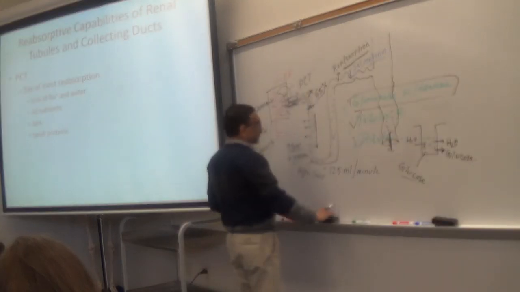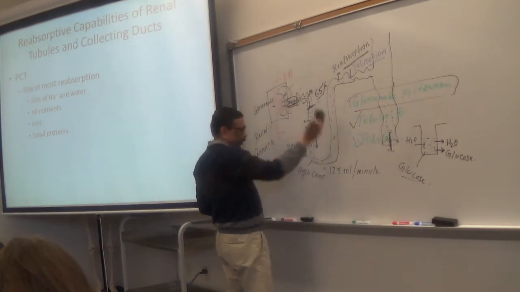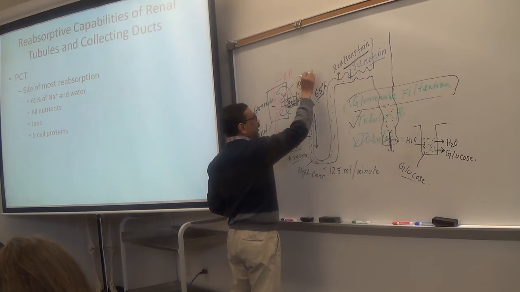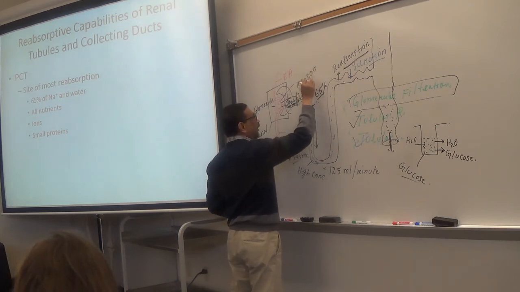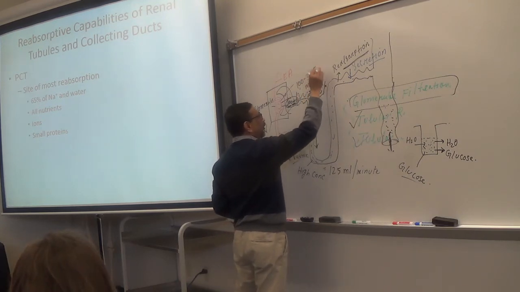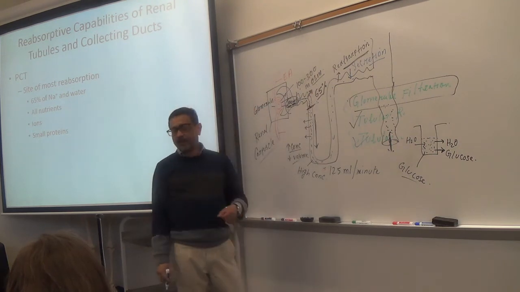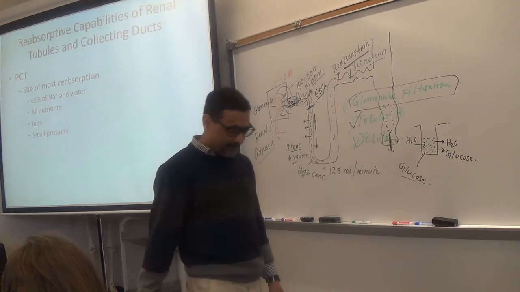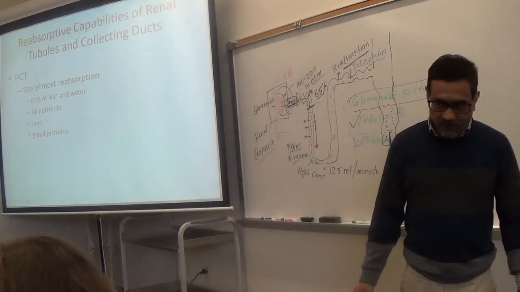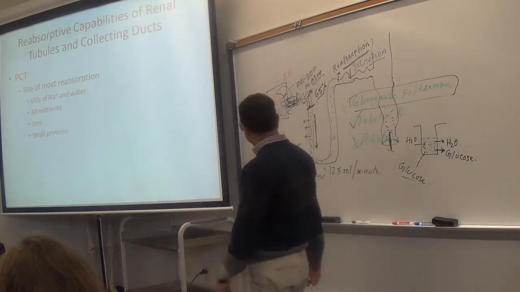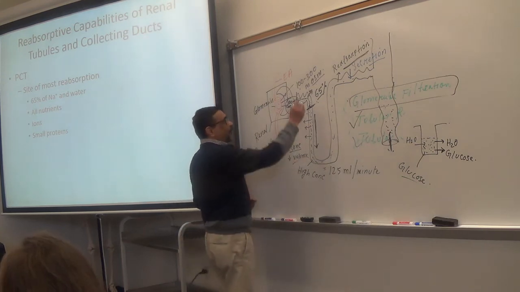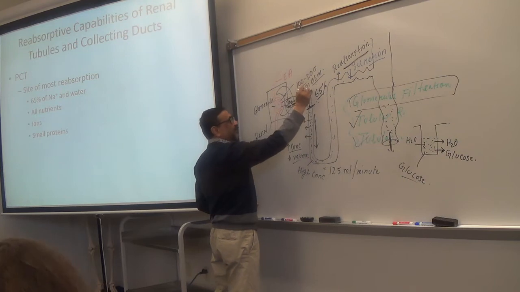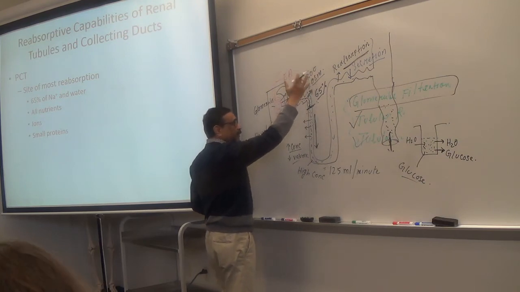Here, the concentration in the proximal convoluted tubule is 100 to 300 milliosmol. Milliosmol is the unit of osmolarity, or you can say concentration. So here the fluid concentration is 100 to 300 milliosmol.